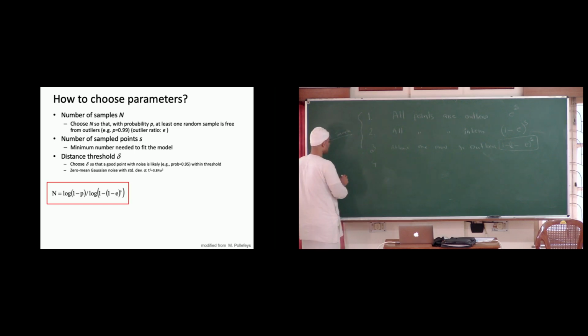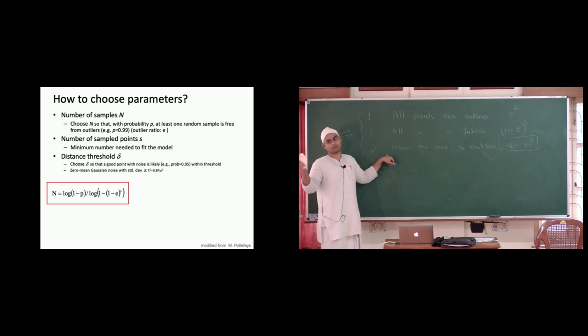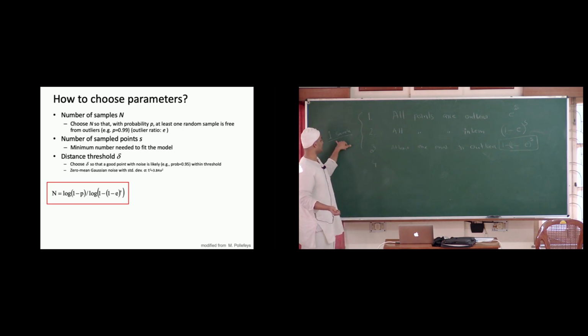Now the same bad thing. So that means what happened? I just took 2 points and found one point is an outlier. This is a probability. At least one point is an outlier, right? Next time I took another point, one point is an outlier. So I am talking about only one sample I took, and there I found an outlier. What is the probability of that same thing happening n times? All the consecutive n times. N is the number of times I am taking the sample.